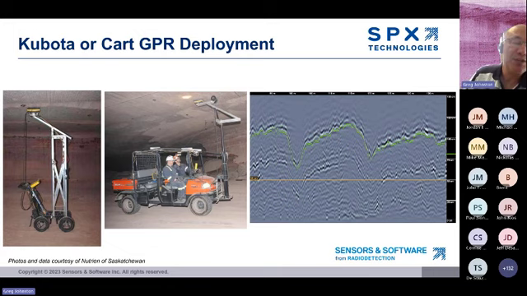So you can see the different ways that they are deploying the GPR, looking upward. And if you look at the image, this is a GPR image basically plotted upside down. It's looking up. So as you go upward, you're going up into the rock above the ceiling of the mine.